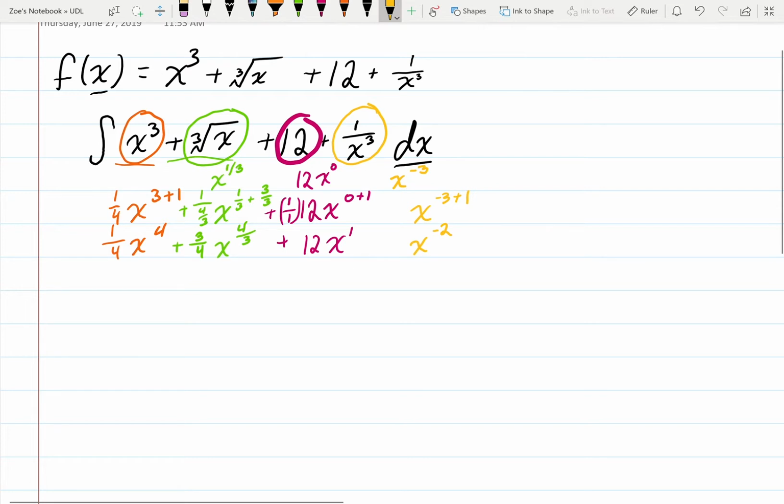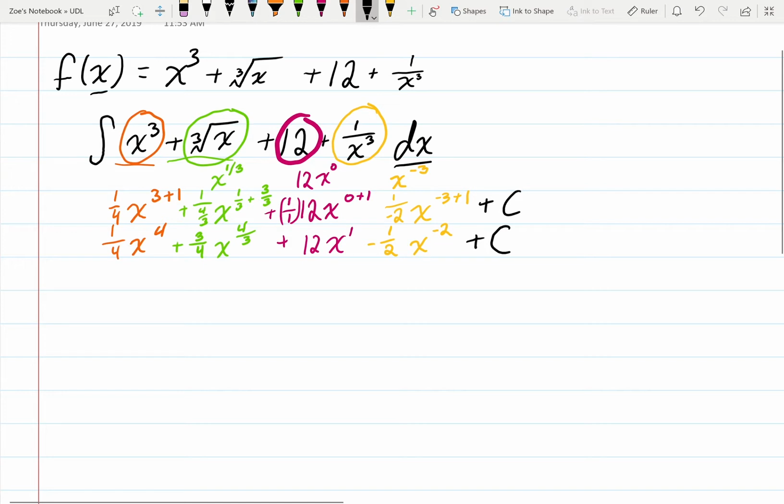And we have to do 1 over our new power, so 1 over negative 2, or negative 1/2. And we aren't quite done, because we do not know if there was a constant in our original function, so we have to add this constant of integration, this plus c. It would take care of any and every case of this function.